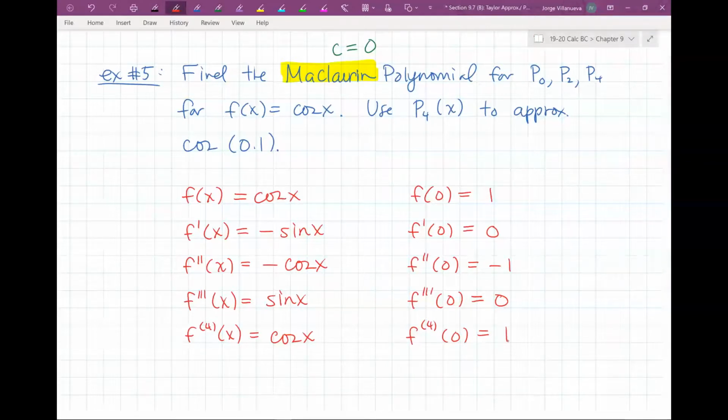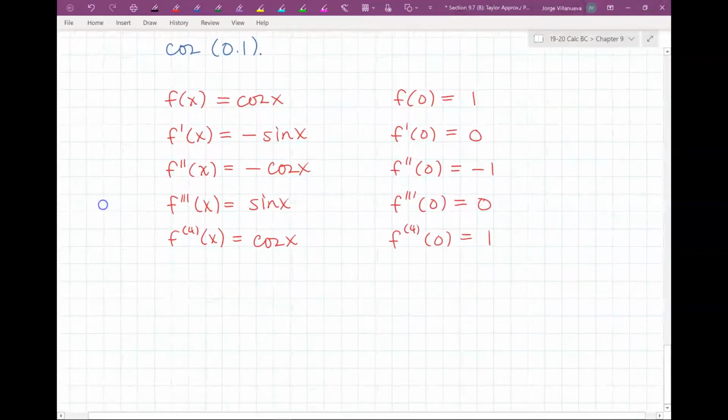All right, now let's write our 0th degree, 2nd degree, and 4th degree polynomial. So, let me write this out again. This is something I used to do all the time whenever I did these problems. I wanted a reference. So, f of 0, f prime of 0, x.